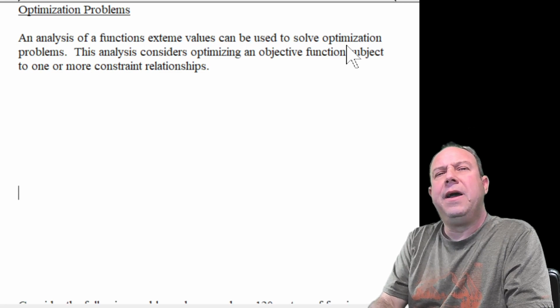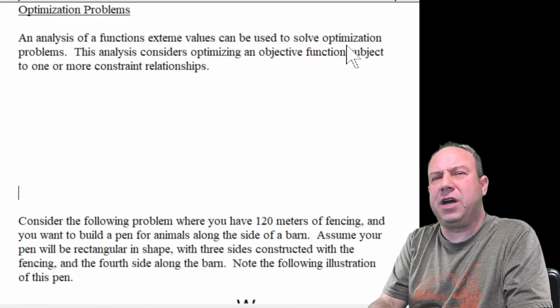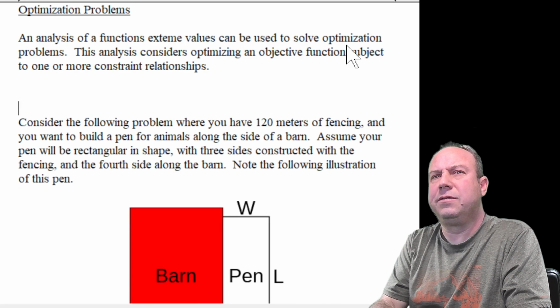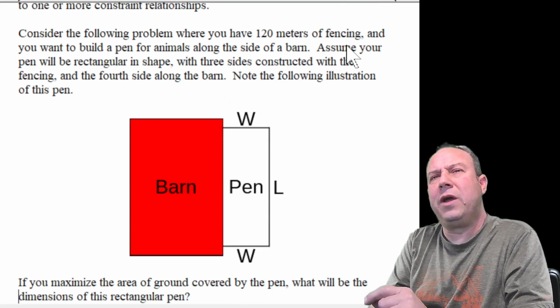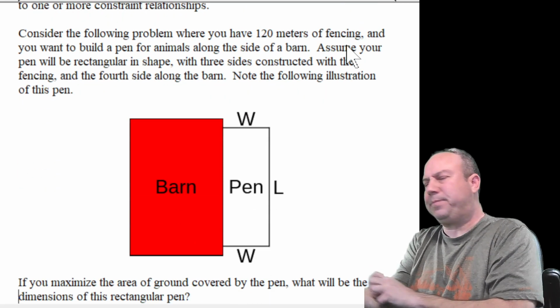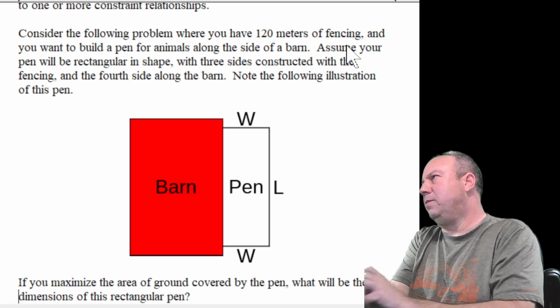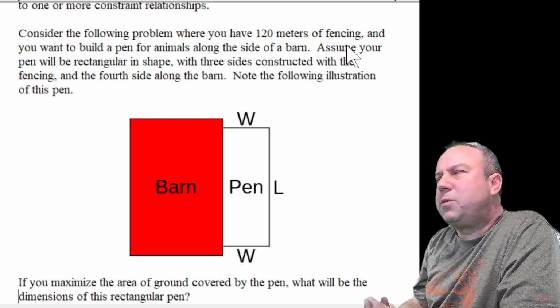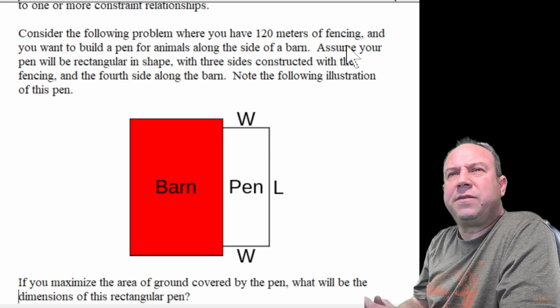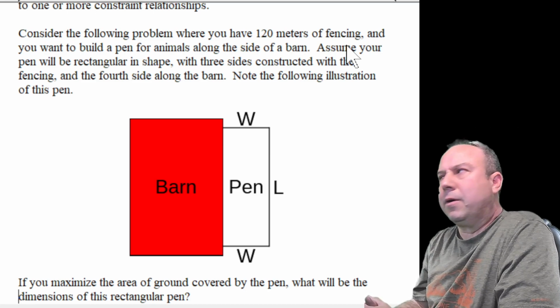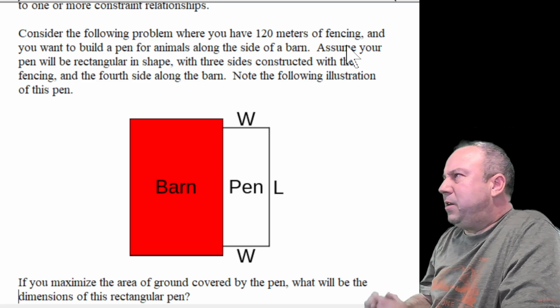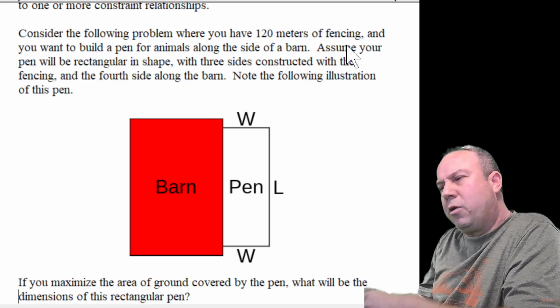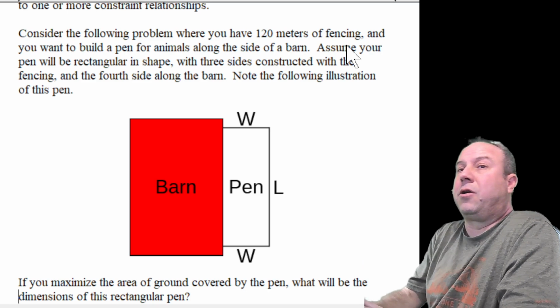All right. And then once you're done, you can always check your answer when working with these problems. Here's an example, right? You can read through this one. It says, suppose you were to have 120 meters of fencing, and you wanted to build a pen for your animals alongside a barn.